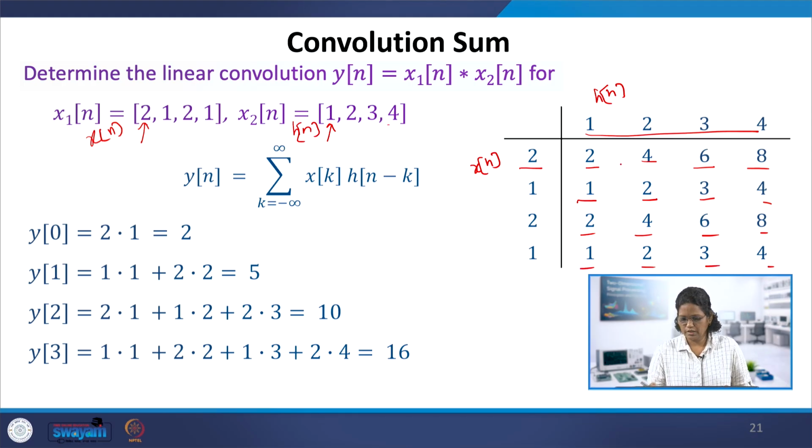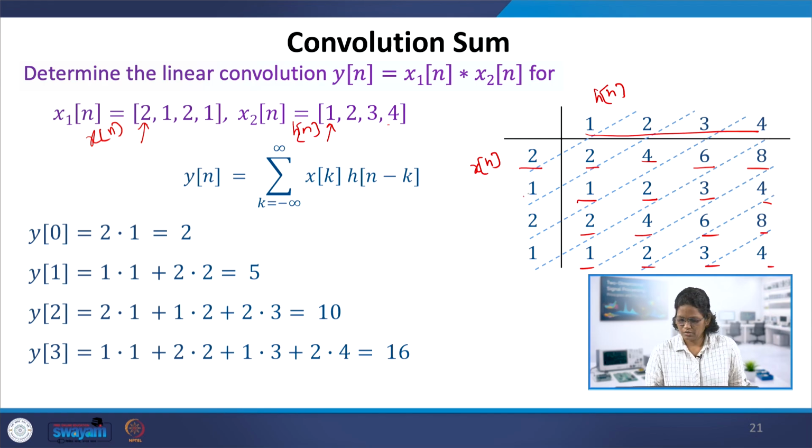So now how do we get the result after multiplication? This is a shift and multiply operation. We draw the cross lines in this fashion and take these values. This is y of 0, and if you compute it with x and h using the shifting operation, you would get the same thing, 2. In the second row, along this cross, 1 plus 4, it would be 5 here, that is y of 1.